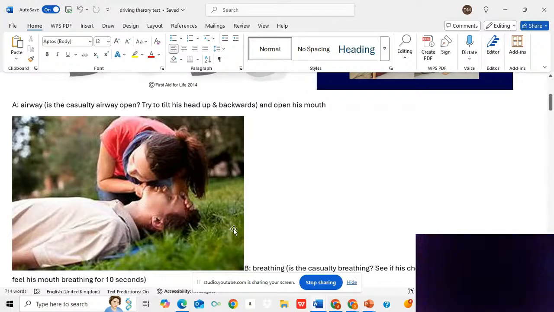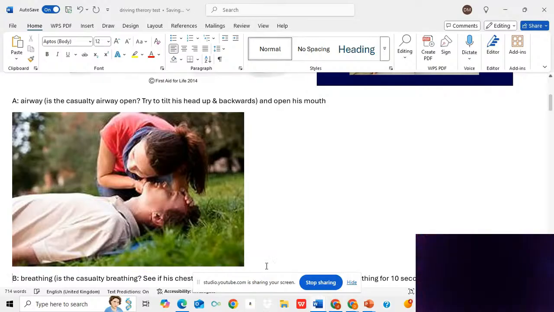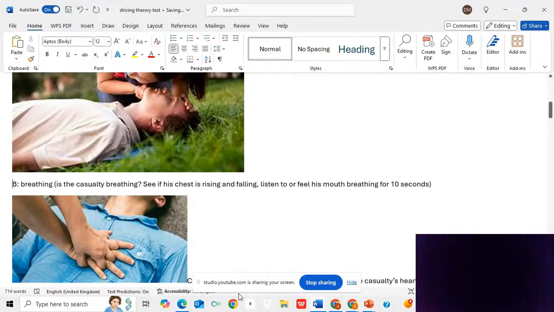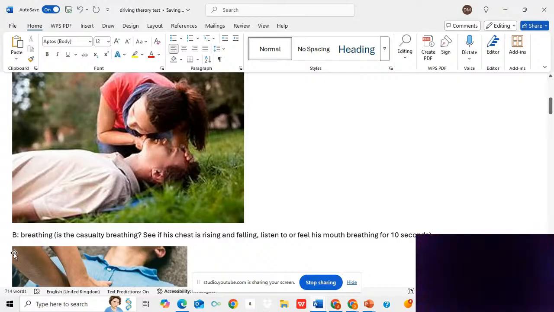So the next thing you need to check is breathing. You need to check if the casualty is breathing normally or not by trying to get closer to the casualty and look with your eyes at the chest movements of the casualty.